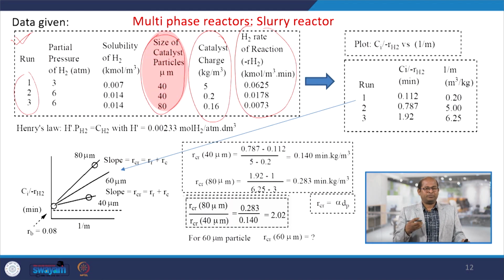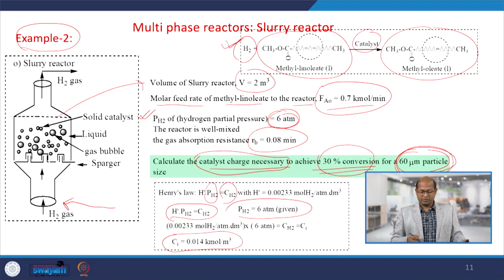If we prepare a catalyst with a particle size different from the earlier two known values, that is 60 microns, then how much catalyst you have to charge inside the reactor to get 30% conversion. So basically we have to find out m.